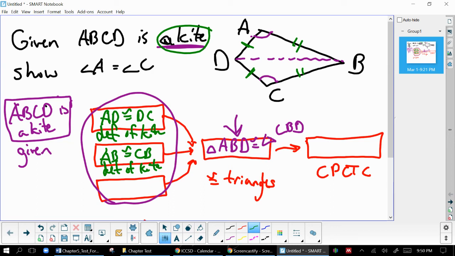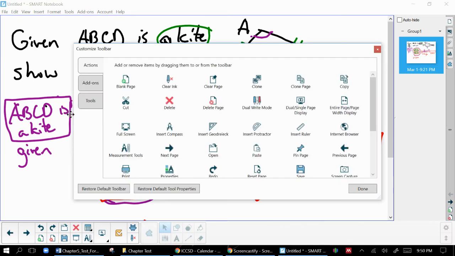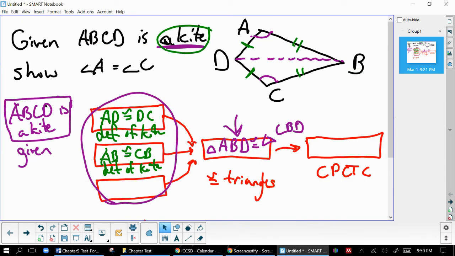If you're hoping to do a little bit better than a 3 here, make sure you have every little detail in there. That you're not skipping out on listing the givens, that you're careful to have every single reason in there.